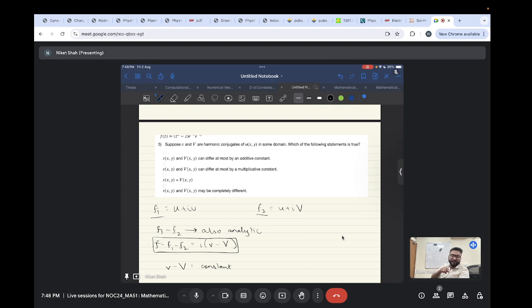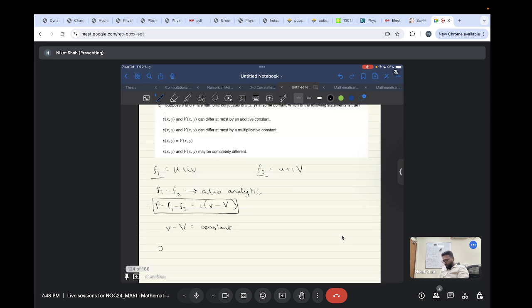Let me just write it down. Del u by del x is equal to 0. Del u by del y is equal to 0. For this function f, which is u plus iv, u corresponds to 0 and v corresponds to small v minus capital V.